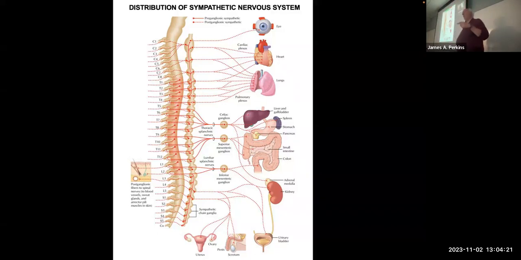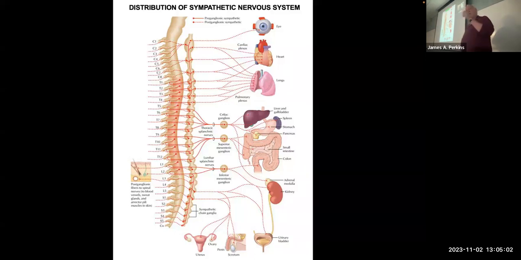But the other thing that those preganglionic neurons can do, the axons may travel superiorly higher up the sympathetic chain to higher vertebral levels, or they can turn inferiorly and travel down the sympathetic chain to lower vertebral levels. So since the preganglionic sympathetic neurons are all originating in the spinal cord from T1 to L2, that means that those preganglionic neurons are all entering the sympathetic chain from T1 to L2.